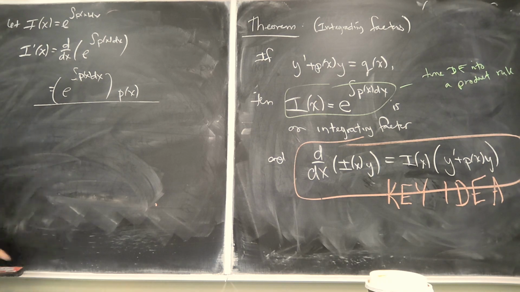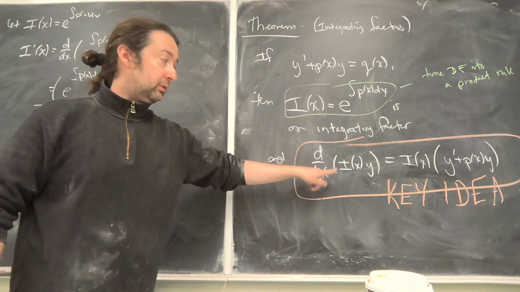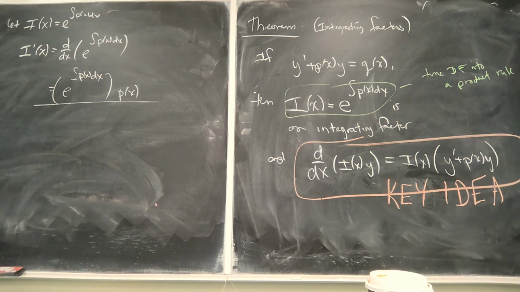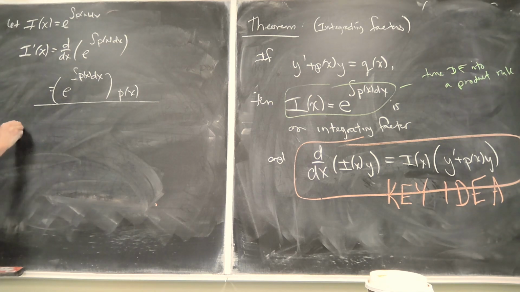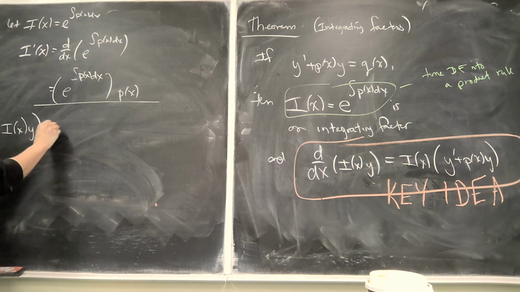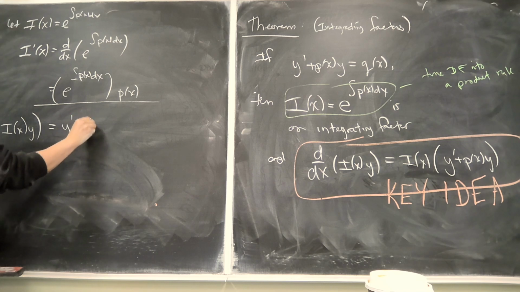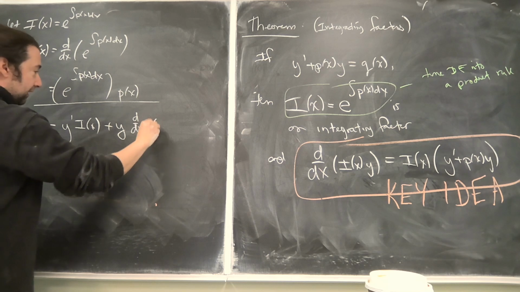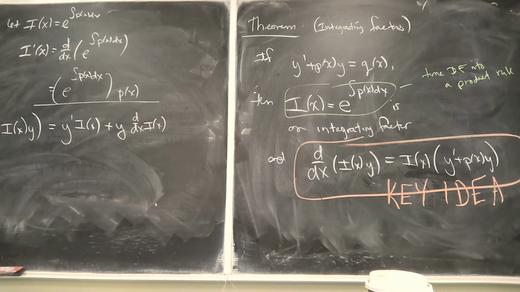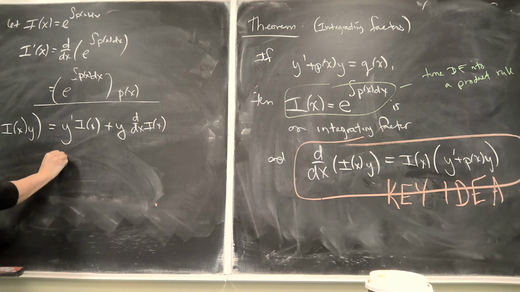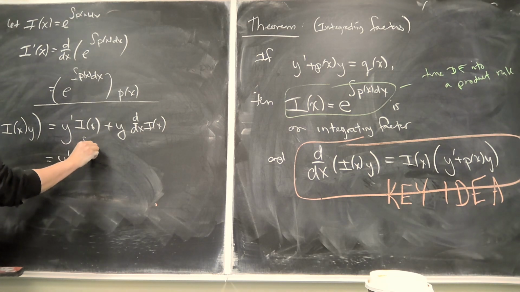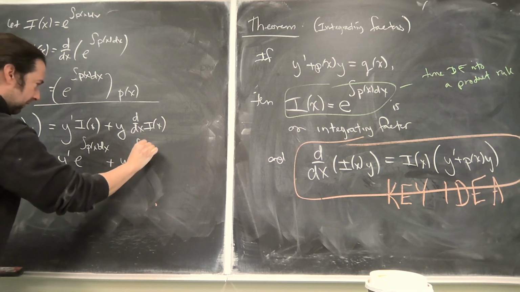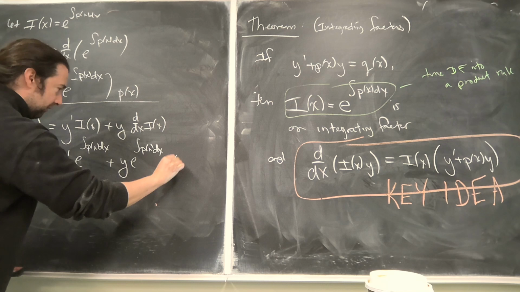Now, what I'd like to show is that this line is true. The derivative of the product of I of x with y is equal to I of x times that stuff. The derivative of I of x y is equal to y prime times I of x plus y times d by dx of I of x. So that's y prime times e to the integral of p of x dx plus y times e to the integral of p of x dx times p of x.